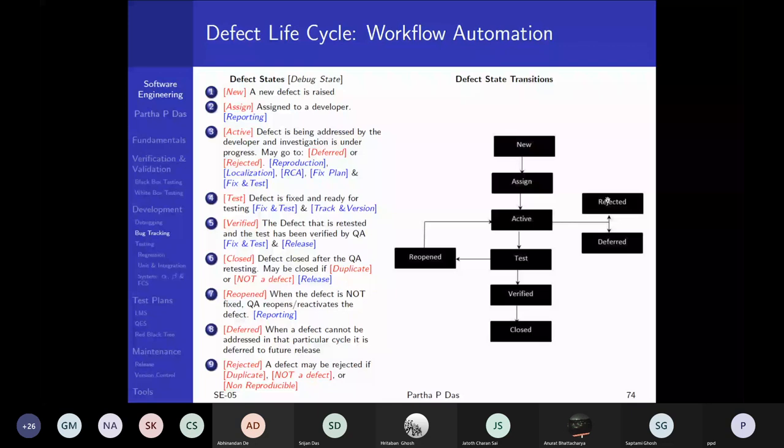Or it could be that, on RCA, you find that it is going to take 2 months to fix this. And your manager tells you that you don't have to fix it now. We'll schedule it at a later date. So it's deferred. So this is just a representative one.